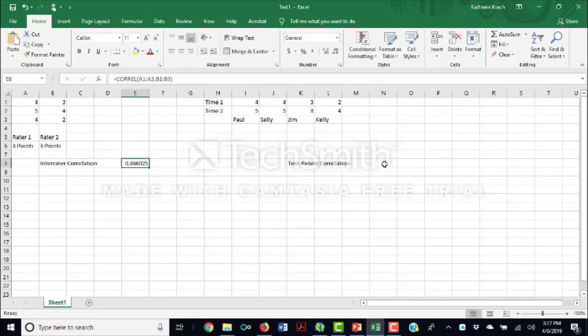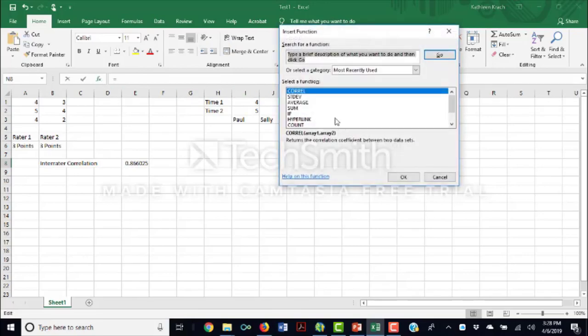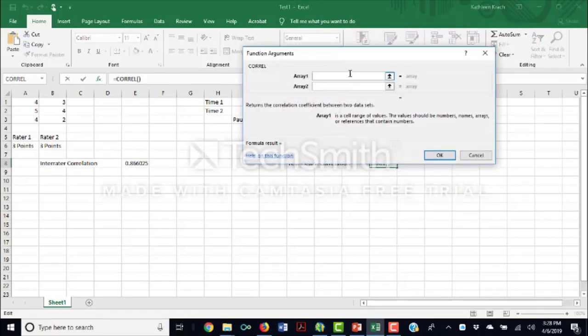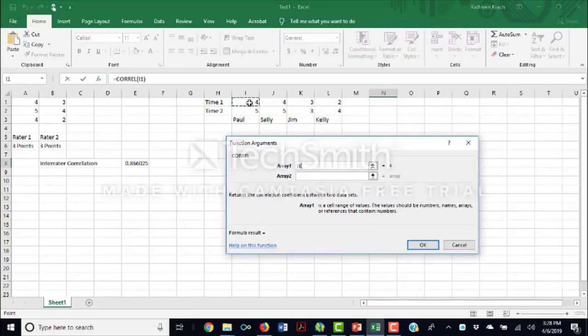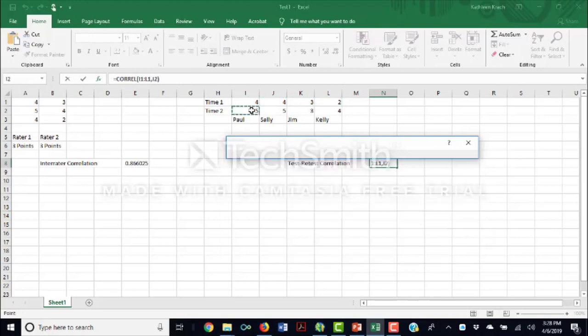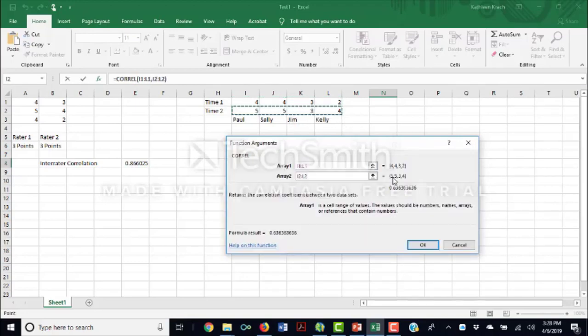So let's look over here and let's say that we wanted a different form of reliability, retest. So we gave the same test twice to multiple kids, Paul, Sally, Jim, and Kelly. We're going to do a very similar thing as we did before, which is click on just any cell, hit function, correlate, and then choose the array of scores we want to correlate, time 1, so that's going to be 4, 4, 3, 2, to time 2, and again, 5, 5, 3, 4.